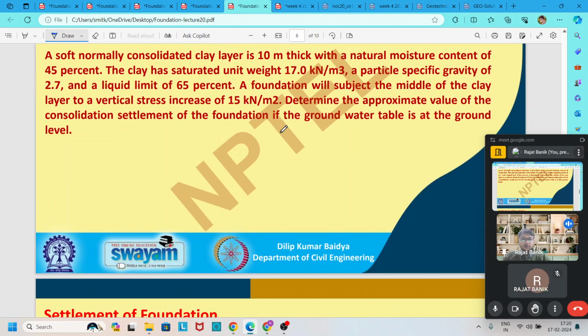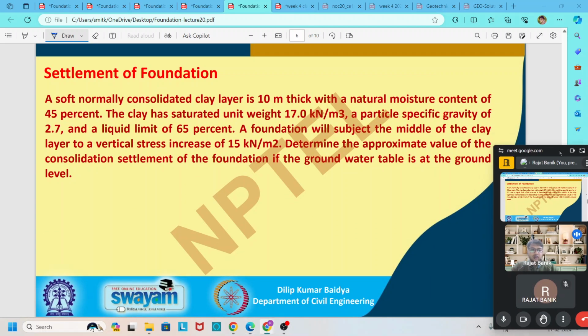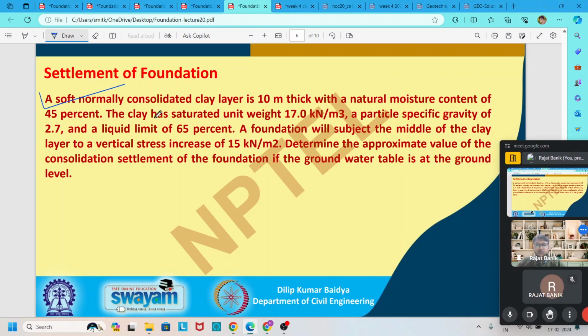Now here a problem is given to find out the settlement of a normally consolidated clay layer. Our normal stress is less than the consolidation stress PC, and the thickness of the layer is 10.